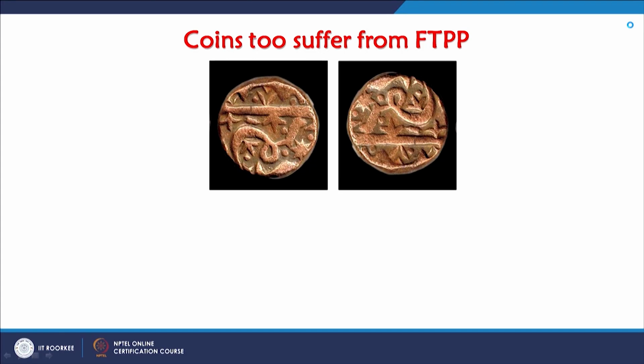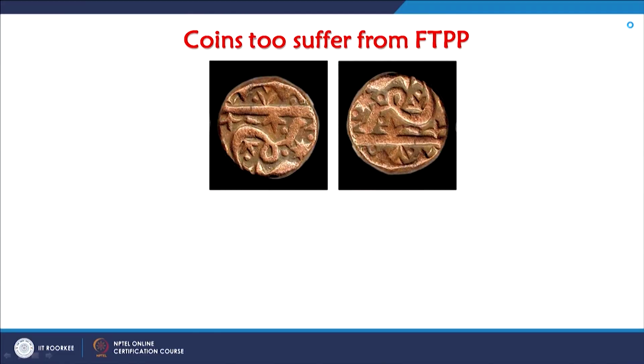A similar kind of situation can also come with coins, which have a lot of raised parts and depressions, like this one example I am showing here. Those who would like to test themselves can download such images of fossils, or satellite images of hilly terrain, or images of coins, and then rotate them by 180 degrees.